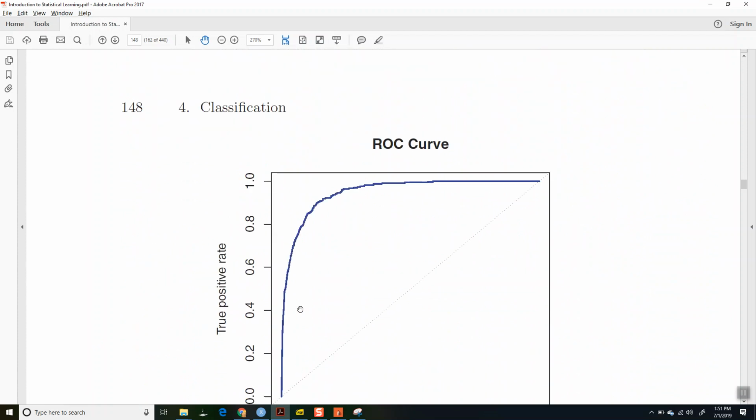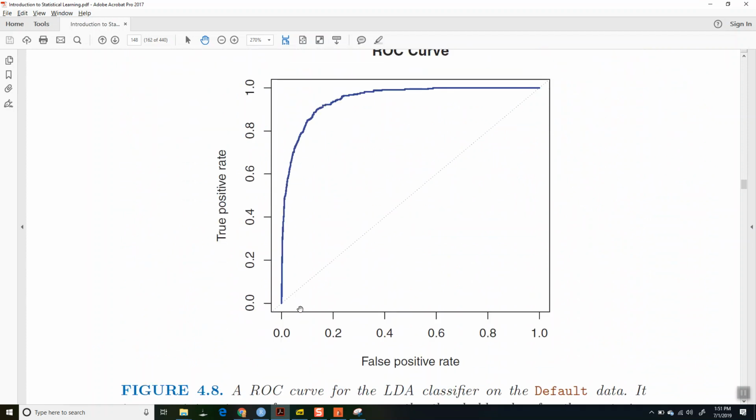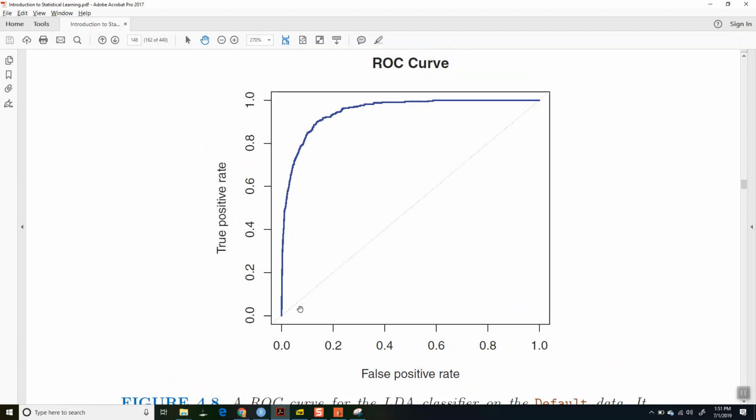And then lastly, we have this thing called the ROC curve, and I'll add this in. The ROC curve plots the false positive rate versus the true positive rate. A worthless classifier will just be a diagonal line.